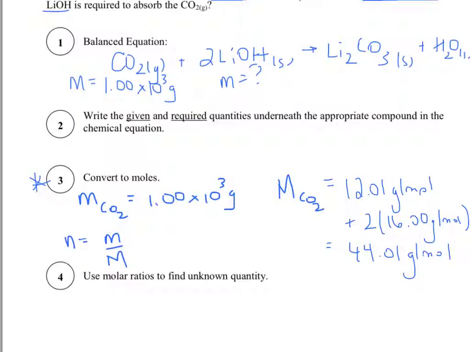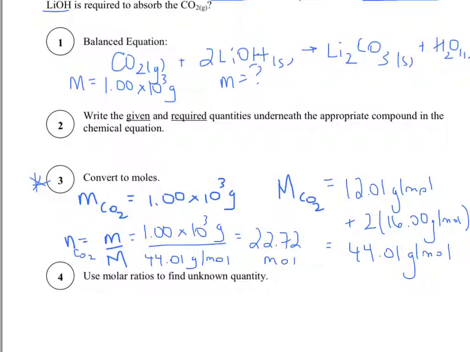So when I use that molar mass and the mass of CO2, I have 1.00 times 10 to the 3 grams divided by 44.01 grams per mole, and that gives me a value of 22.72 moles. And this is moles of CO2.